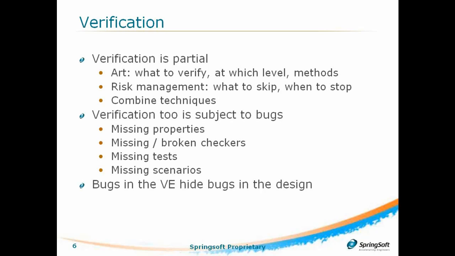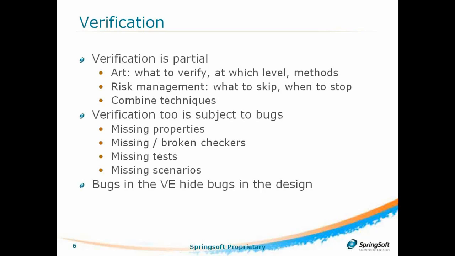But verification, being conceived by humans, is also subject to bugs, like missing properties, broken checkers, missing tests or missing scenarios. And those are, I would say, even more difficult to catch. When you have clear evidence of a bug, you just have to analyze it, which some people would already consider challenging.